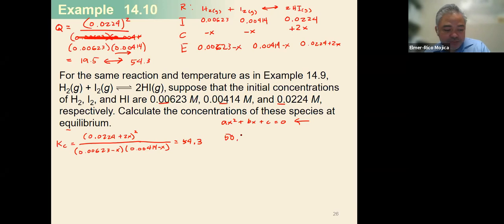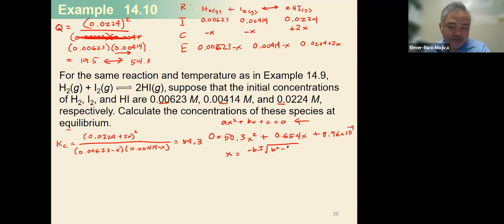So this is 50.3 x squared plus 0.654x plus 8.96 times 10 to the negative 4, everything equals 0. We're going to use the quadratic formula to solve for x. So x is equal to negative b plus or minus the square root of b squared minus 4ac, divided by 2a.